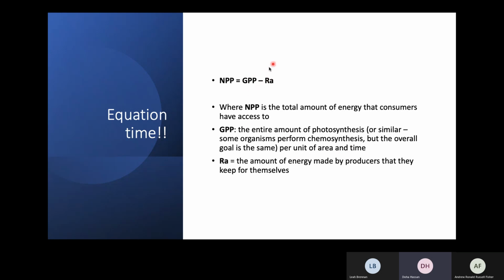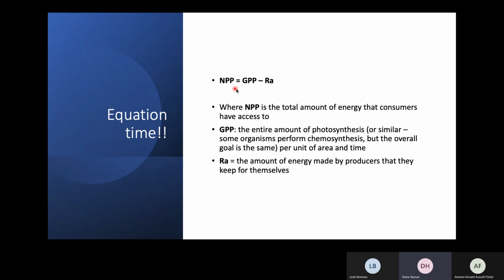And then you have to subtract RA. RA is the amount of energy that is made by those primary producers, but they keep it for themselves. They don't pass it on because even they need energy. They also perform cellular respiration if we're talking about plants. Plants need some of the carbohydrates that they produce from photosynthesis for cellular respiration, the same way that we do.